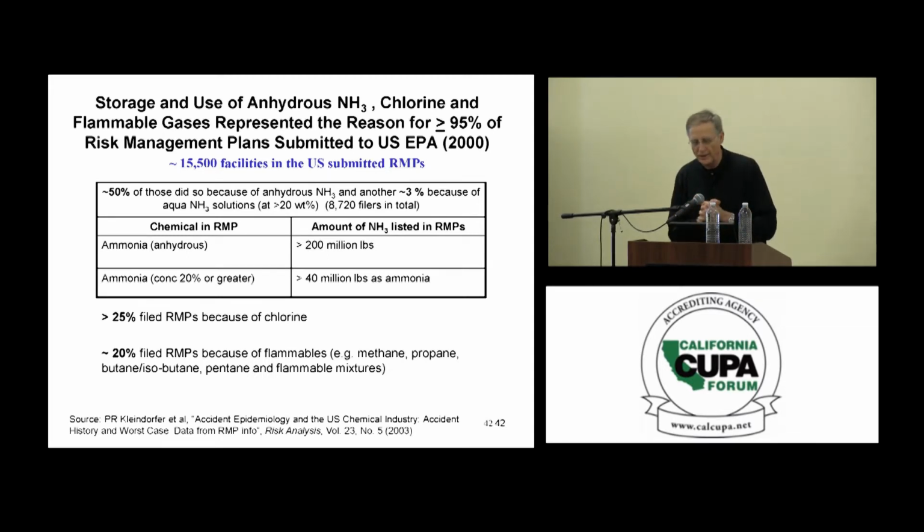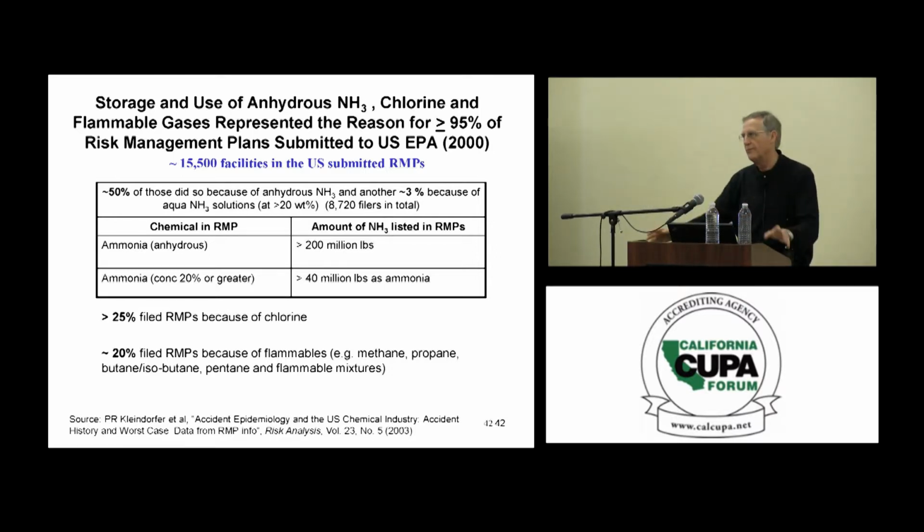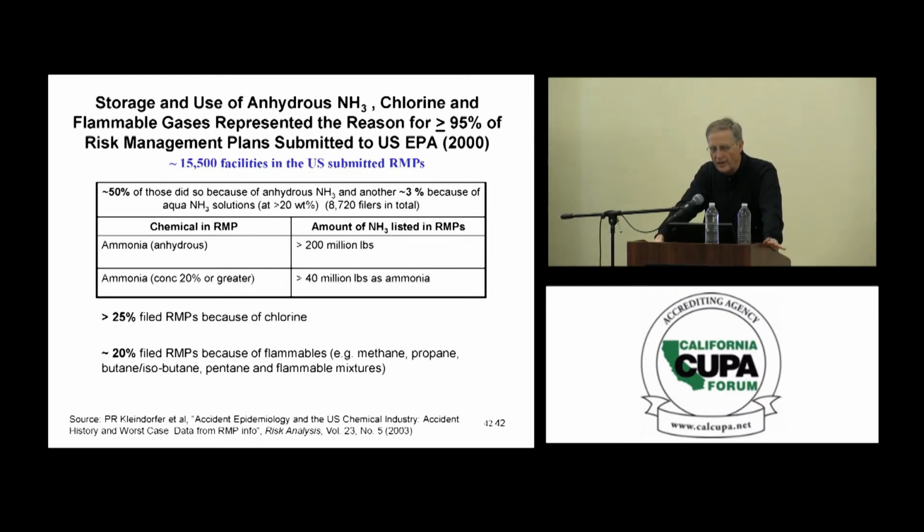They've probably changed a bit, but this is the last time I looked at it. 50% of the risk management plans across the U.S. were filed because of the use of anhydrous ammonia, and 90+% of those were because of ammonia refrigeration systems. 25% were filed because of chlorine, and about 20% because of flammables, mainly for process uses. So liquefied gases are a big deal in terms of risk management plans.